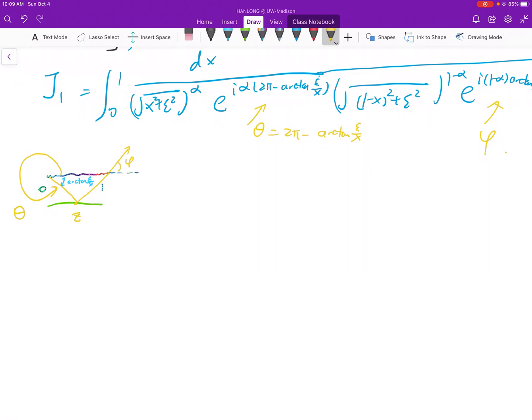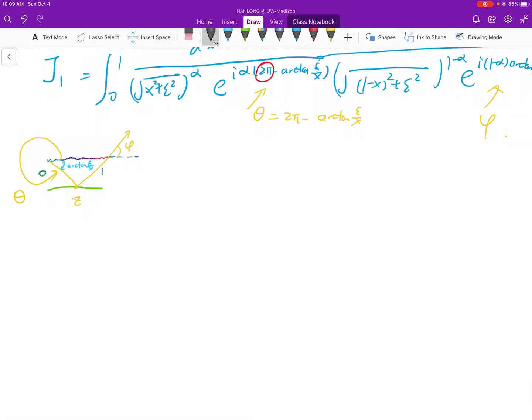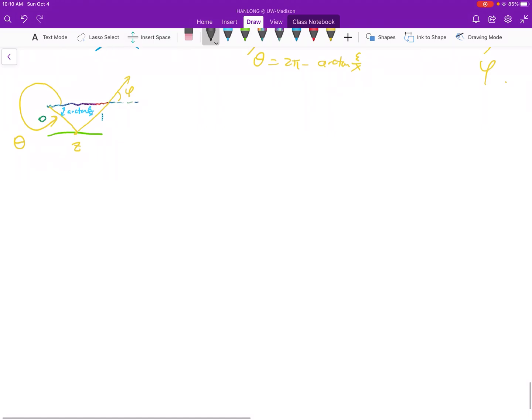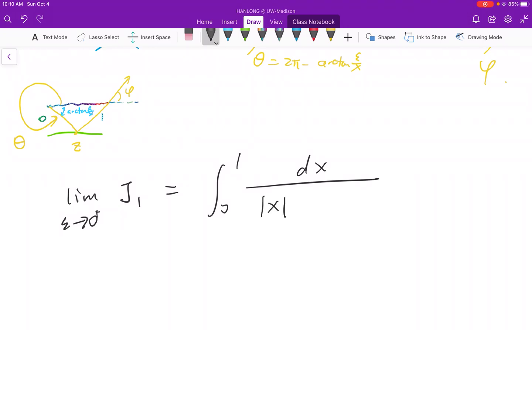And you see the only difference is that here you have an actual 2 pi. The remaining part, if you take a limit, just like what we did before, the limit as epsilon goes to 0 plus, J1 is the integration of 1 minus x to the 1 minus alpha, exponential I alpha times 2 pi.